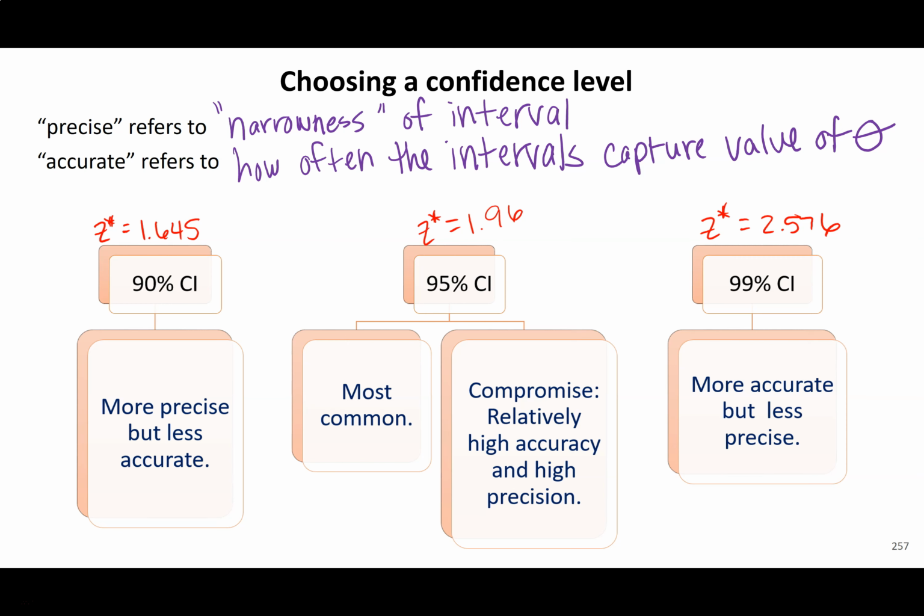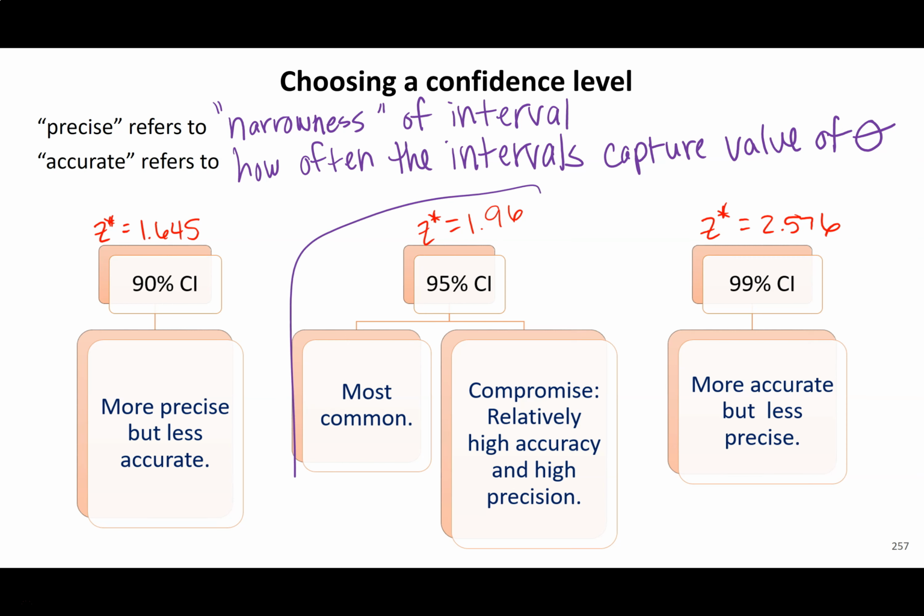So the more accurate it is, the more likely that we have an interval that actually captures the value we're interested in. The more precise it is, the narrower that interval will be. We love it, absolutely love it. That's our happy place when we can get both.